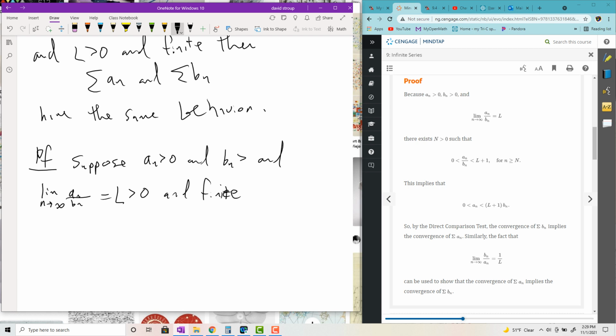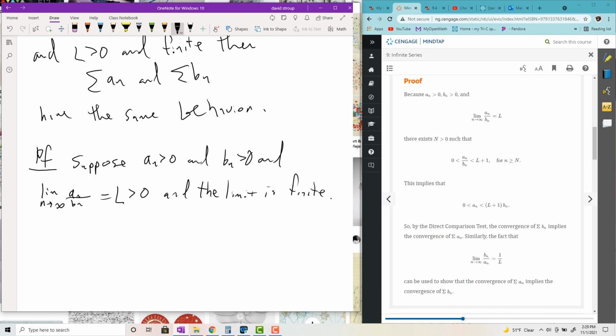So suppose a sub n is greater than 0, b sub n is greater than 0, and the limit is greater than 0 and the limit is finite. Sorry about my English here, it's just atrocious.